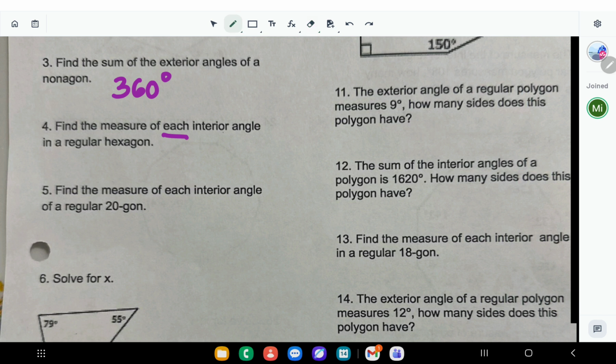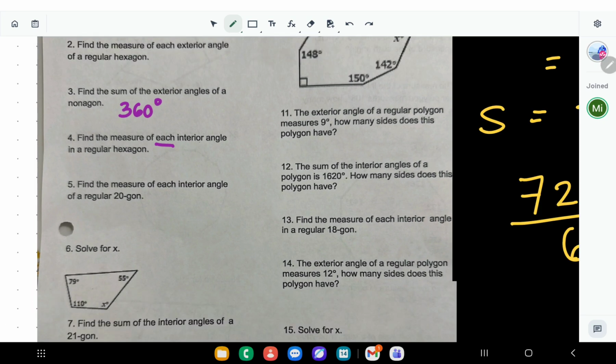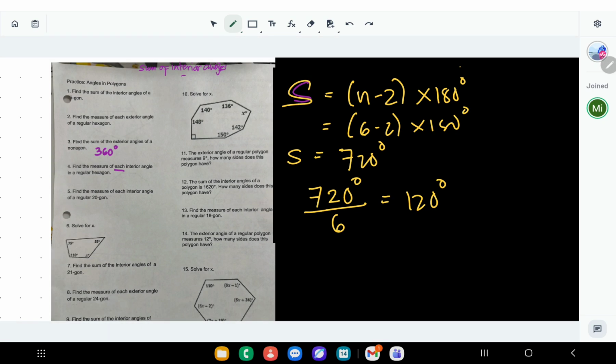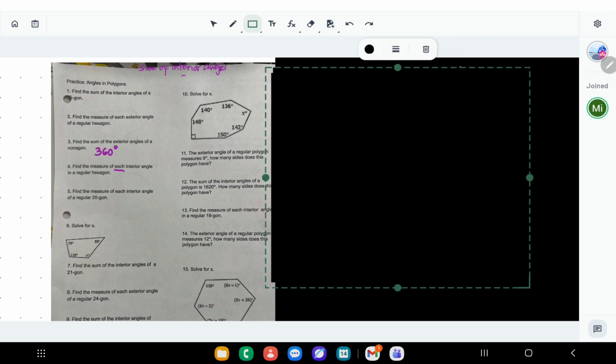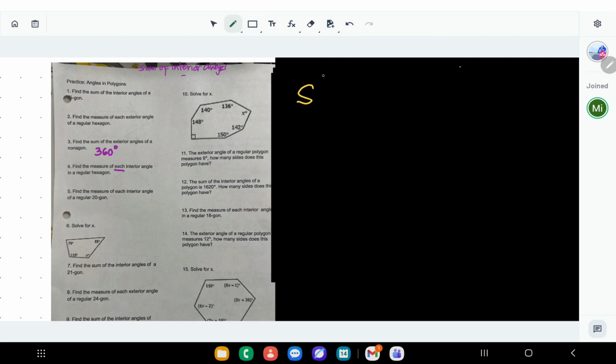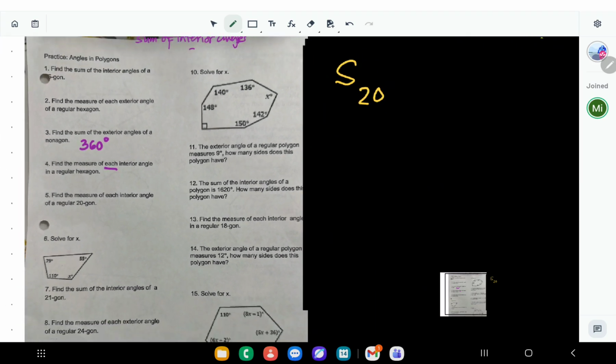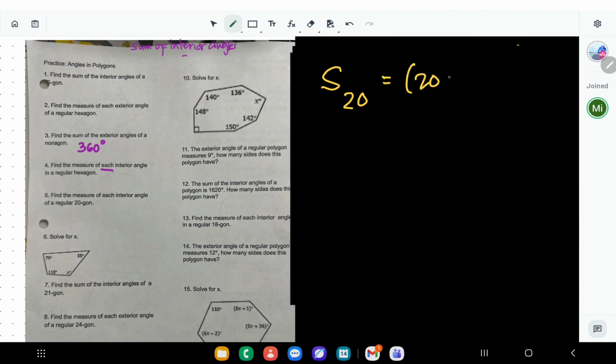Find the measure of each interior angle of a regular 20-gon. How do you read that? So we need to find the sum of the interior angles first. So for the 20-gon, that is 20 minus 2, 18.